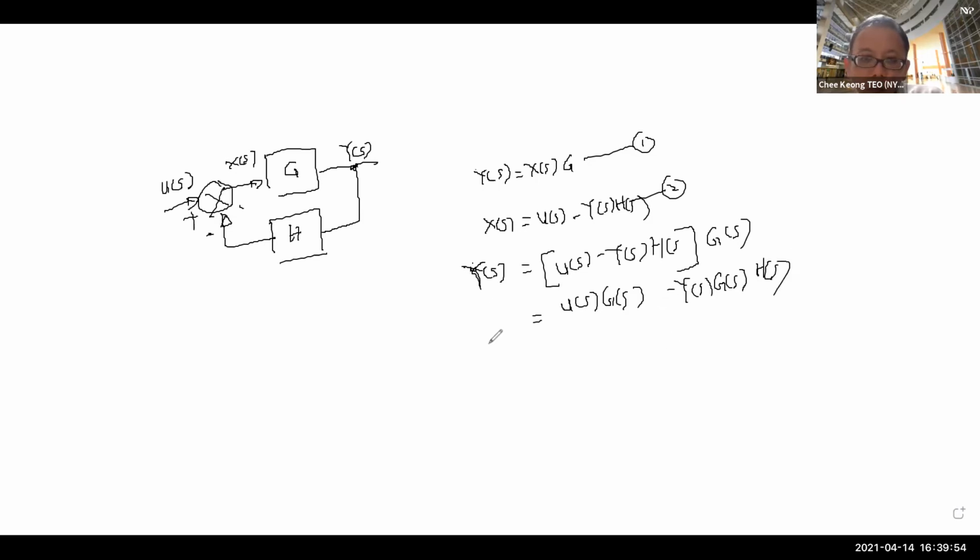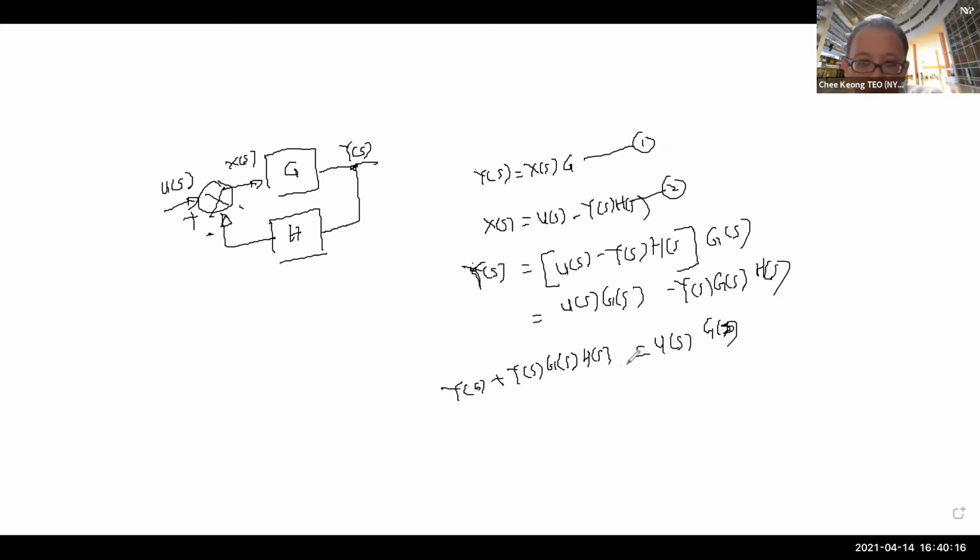If I bring the Y over to this side, basically I have Y of s plus Y of s G of s H of s, and then it is equal to U of s G of s.